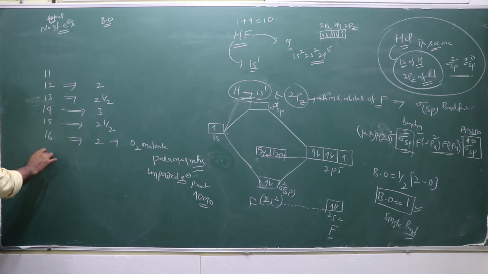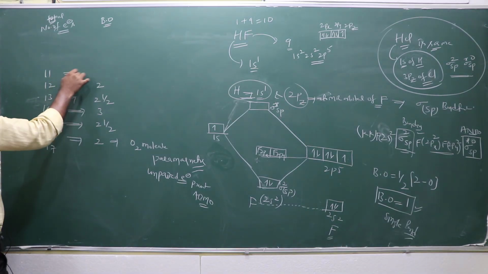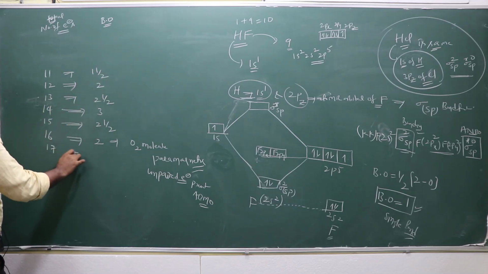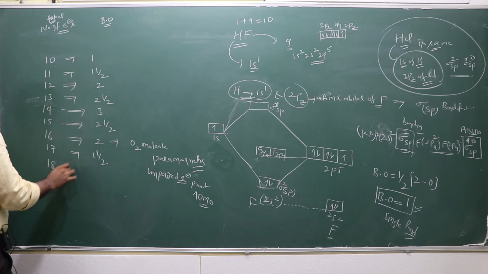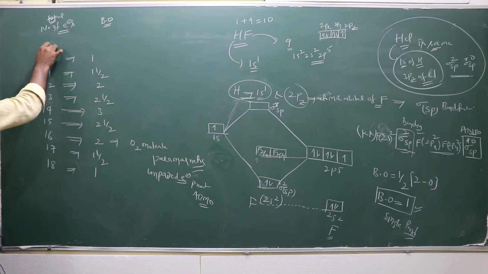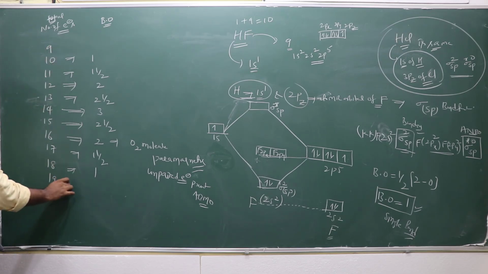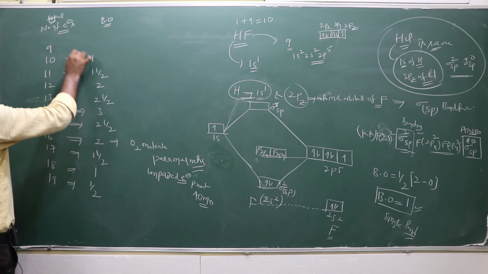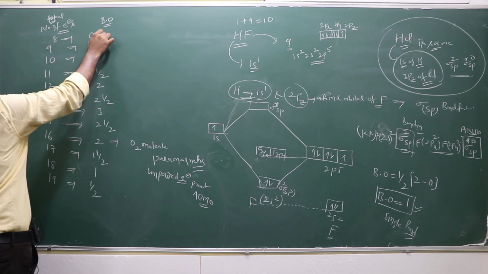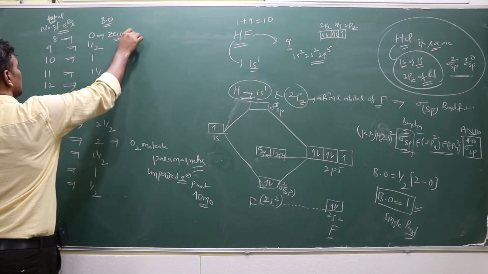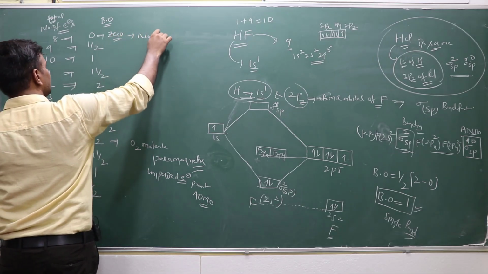If it is 11 or 17 electrons, the bond order is 1.5. If it is 10 or 18, the bond order is 1. If it is 9 or 19, the bond order is half. If it is 8 electrons, the bond order is 0. The molecule does not exist.